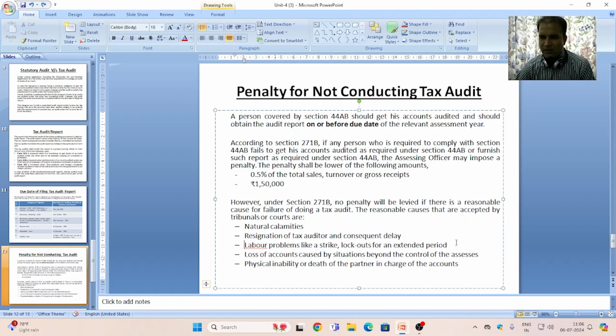This point imparts that if in a business strikes are going on, or situations of lockouts occur for an extended period, then relief for the tax audit under section 271B may attract no penalties.